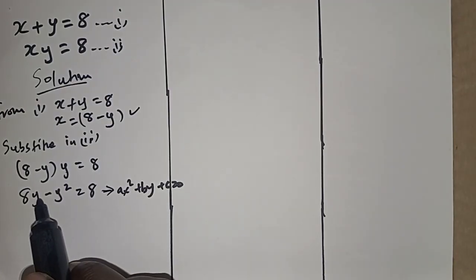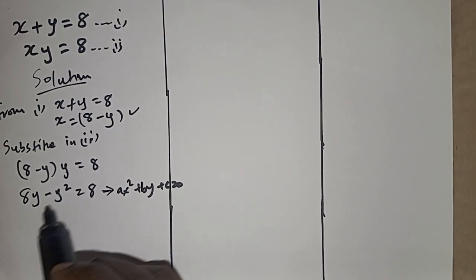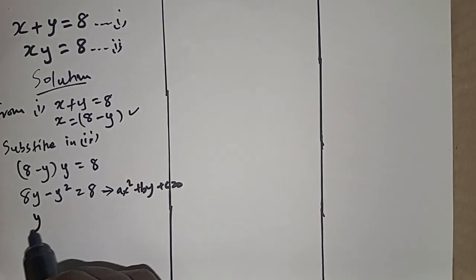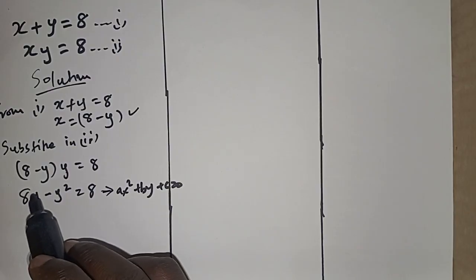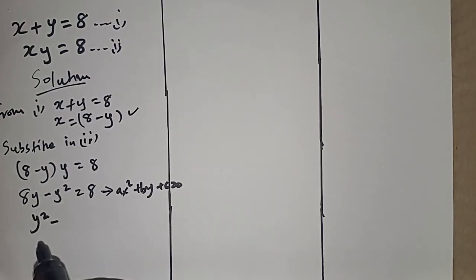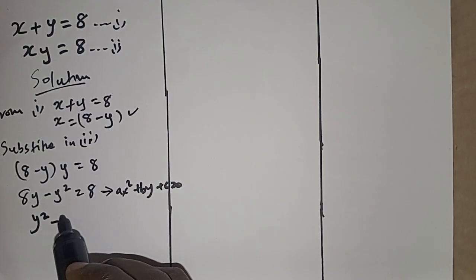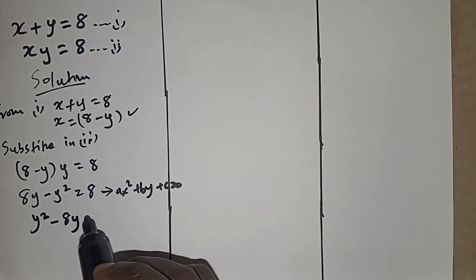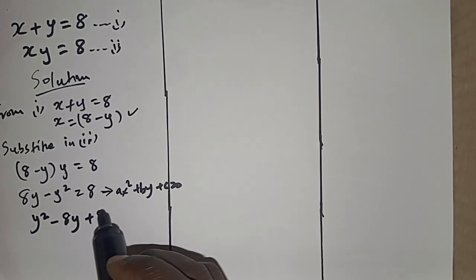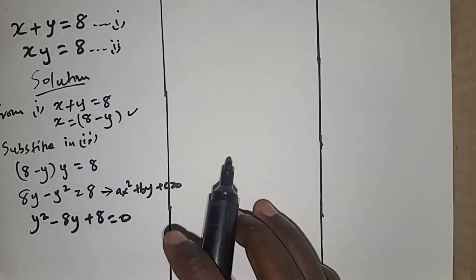So in short, I'll start with the y squared, and then take this to the other side, I'll have minus 8y, and then plus 8, of course, is equal to 0.